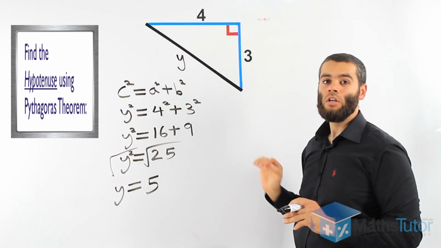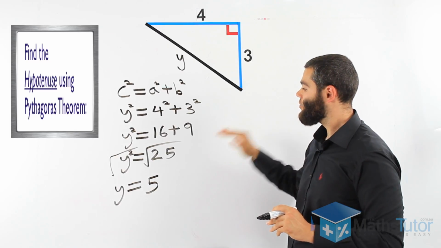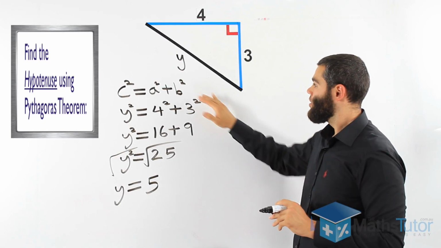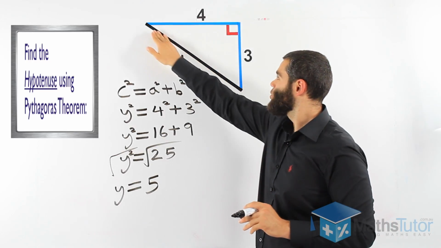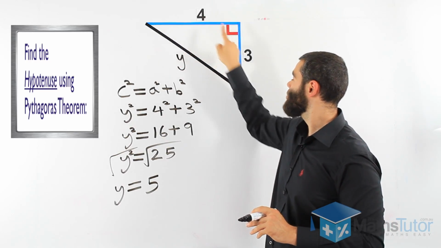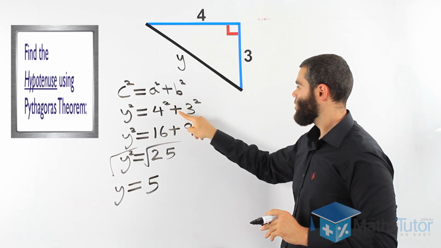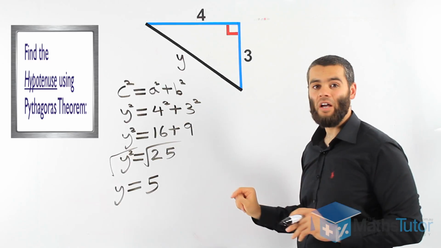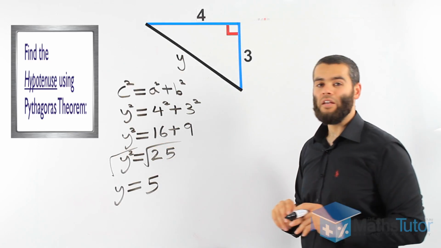This is a right-angled triangle. We used Pythagoras' theorem to find the missing hypotenuse. c squared equals a squared plus b squared, meaning the hypotenuse squared equals the short side squared plus the other short side squared. We did it here, 4 squared plus 3 squared, 16 plus 9, square root of 25, y equals 5.